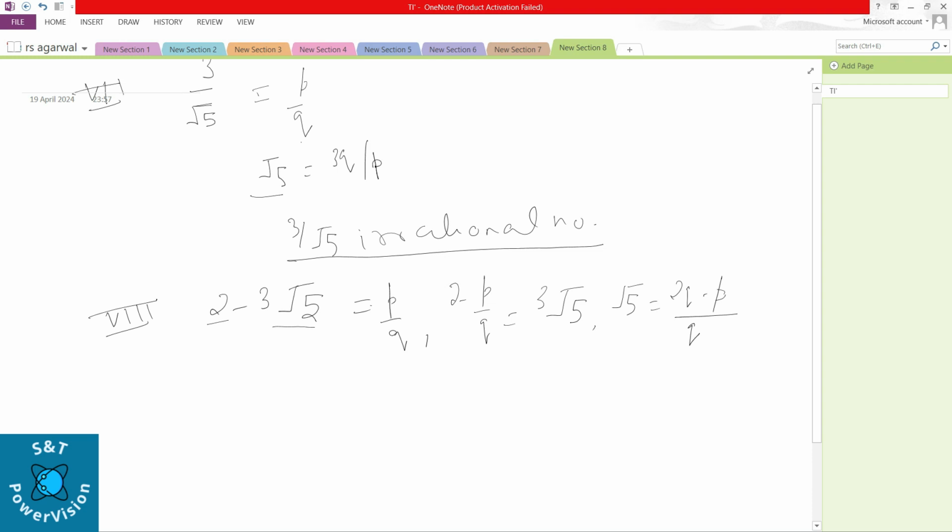Root 5 is equal to (2q minus p) by 3q. Since in the beginning p by q is in the simplest form, this expression (2q minus p) divided by 3q is a rational number. But root 5 is an irrational number. Again both contradict each other. So we can say 2 minus 3 root 5 is an irrational number.